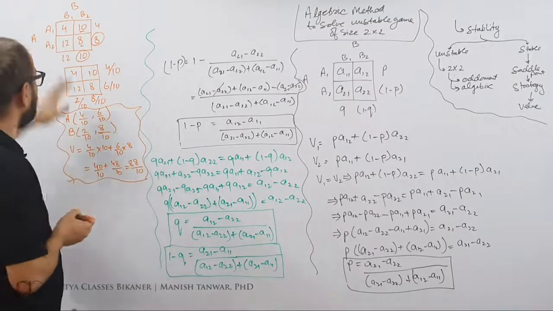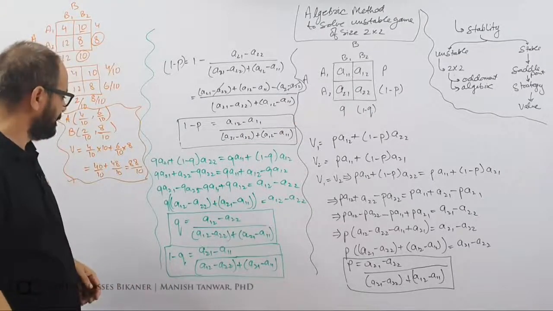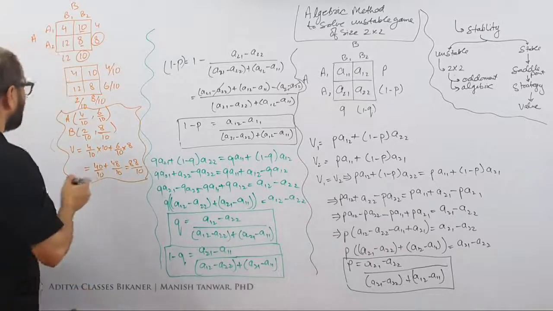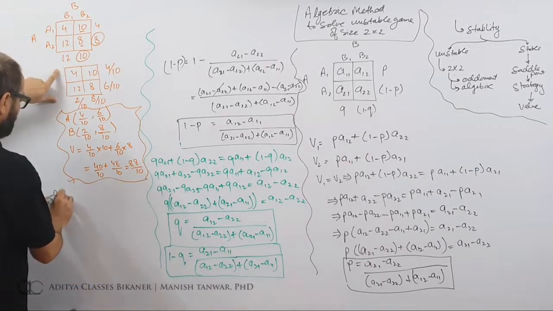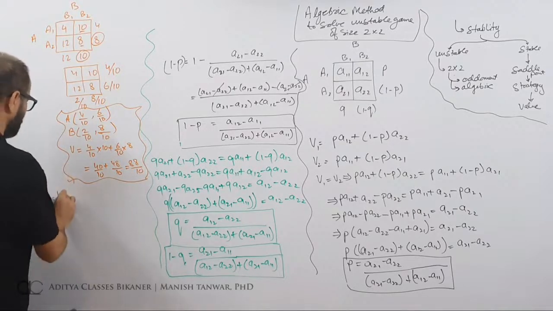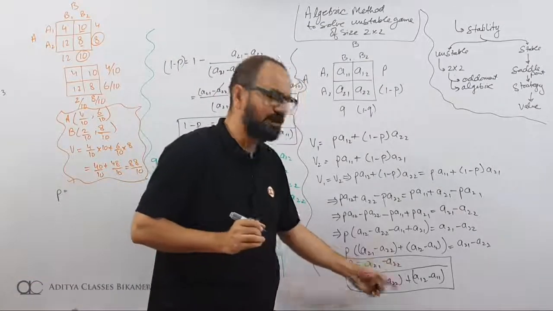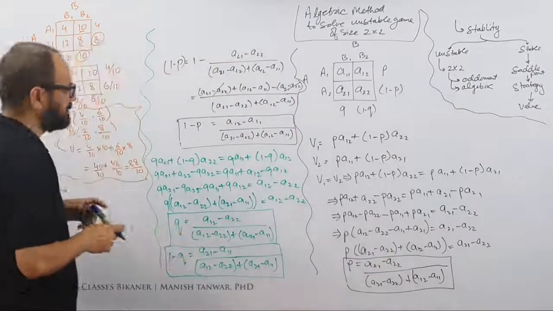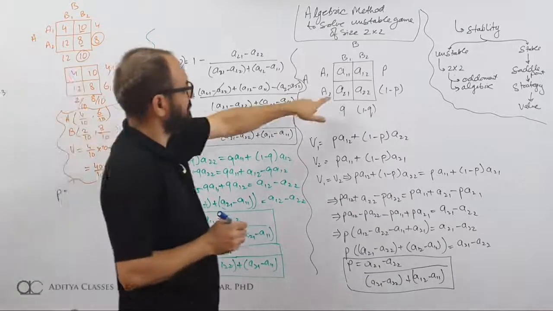Now if I try to solve this question using algebraic method, let me see. If I try to solve this algebraically, what will be the value of P? Value of P would be A21 minus A22 upon A21 minus A22 plus A12 minus A11.